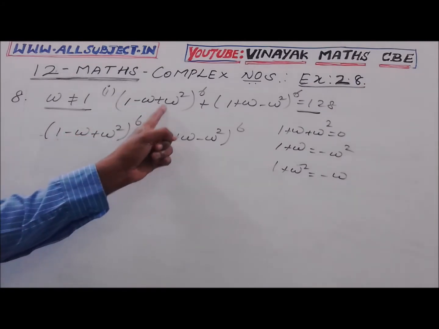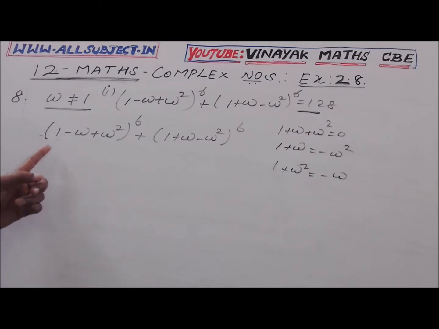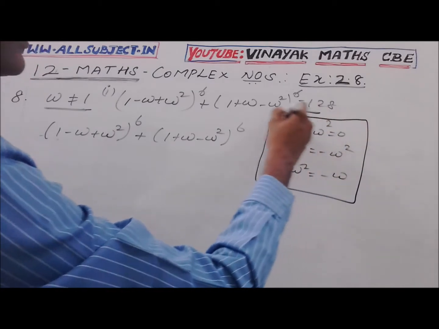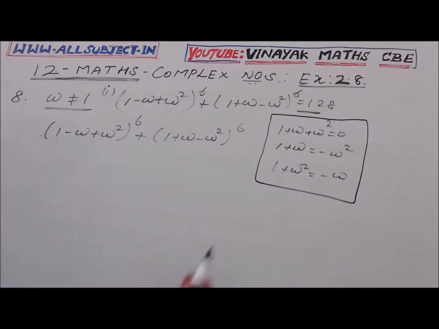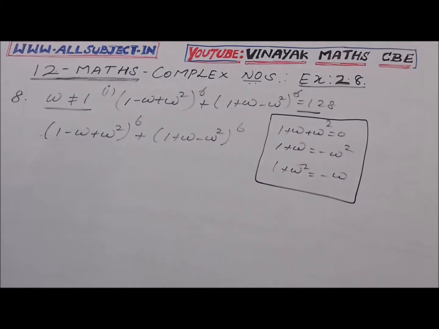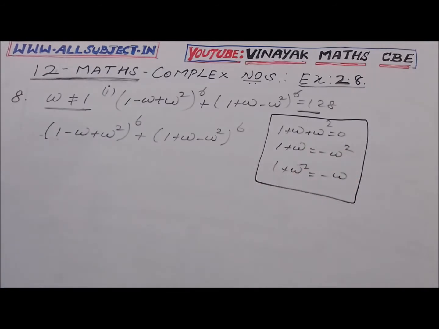Given (1 minus omega plus omega square) whole power 6 plus (1 plus omega minus omega square) whole power 6, and omega is a cube root of unity. If omega is a cube root of unity, then 1 plus omega plus omega square equal to 0. From this result, 1 plus omega equal to minus omega square, and 1 plus omega square equal to minus omega.